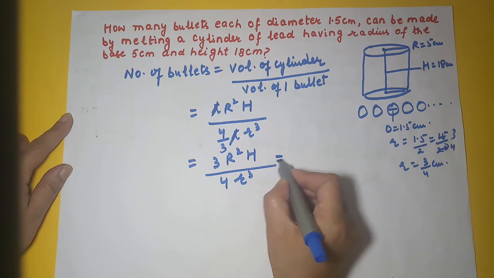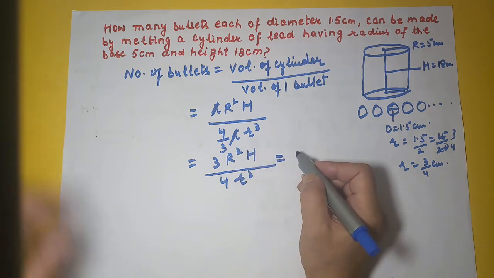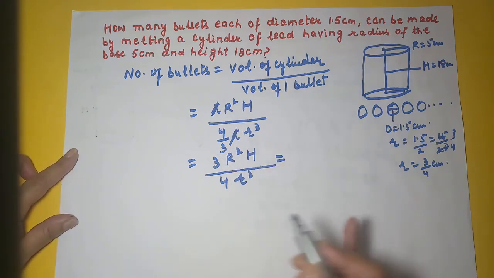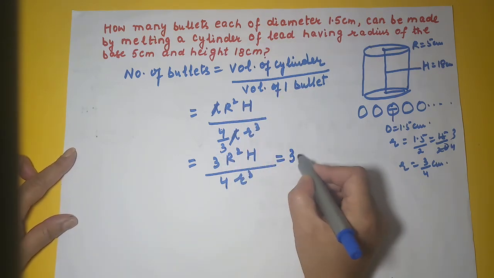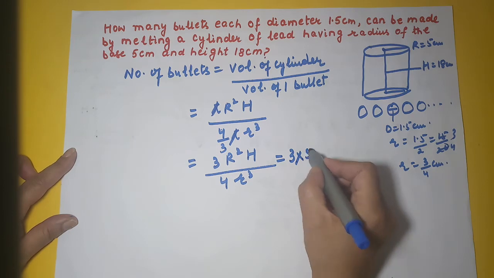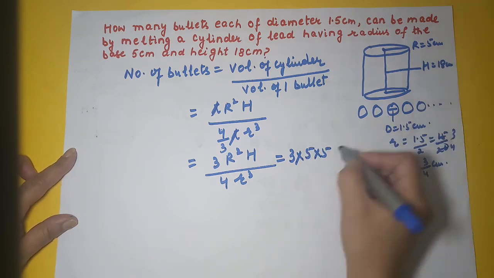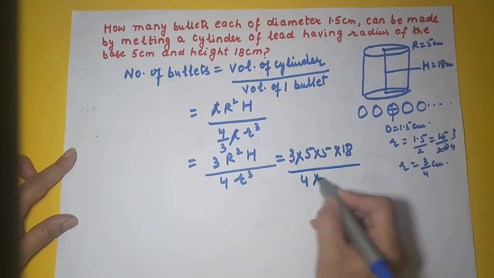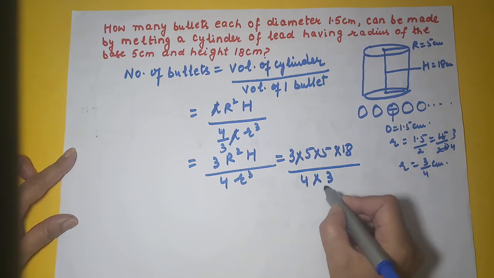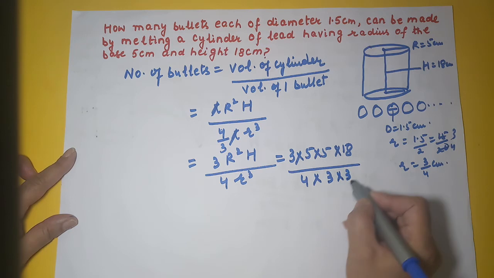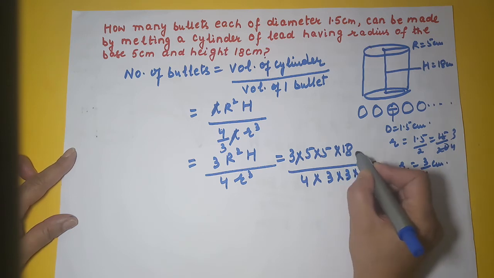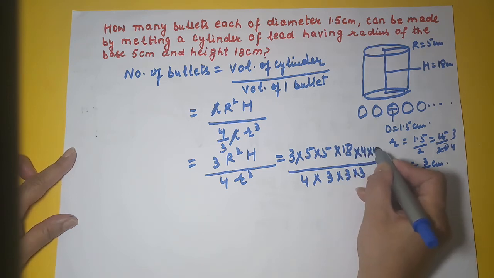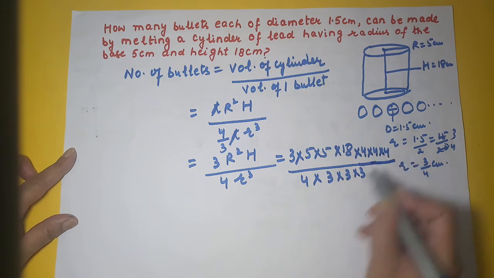Be very careful with these transformations when you are transporting these numbers to numerator and denominator. Now we have 3, r is 5, that is 5 into 5, and height is 18 divided by 4 into r cube, that is 3 by 4 into 3 by 4 into 3 by 4. So those 4s will go in the numerator, right?